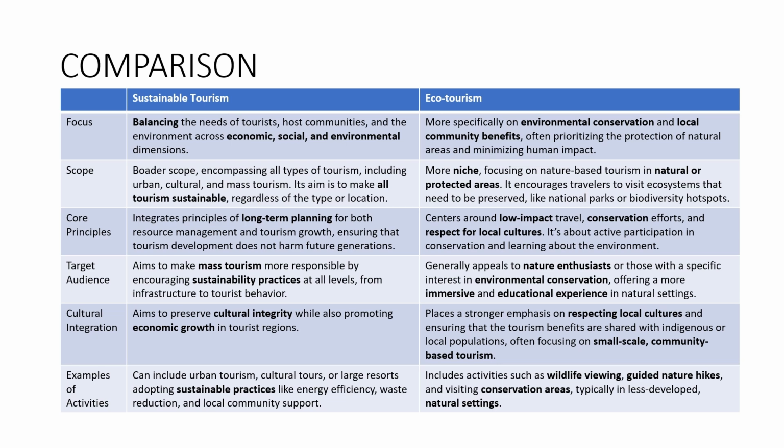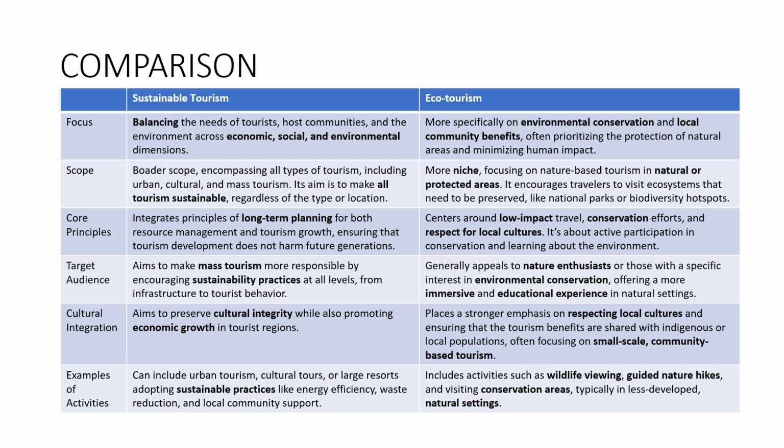The second one is scope. Sustainable tourism has a broad scope, aiming to make all types of tourism sustainable, including urban, mass tourism, and so on. On the other hand, ecotourism is more niche, emphasizing nature-based tourism in protected areas.